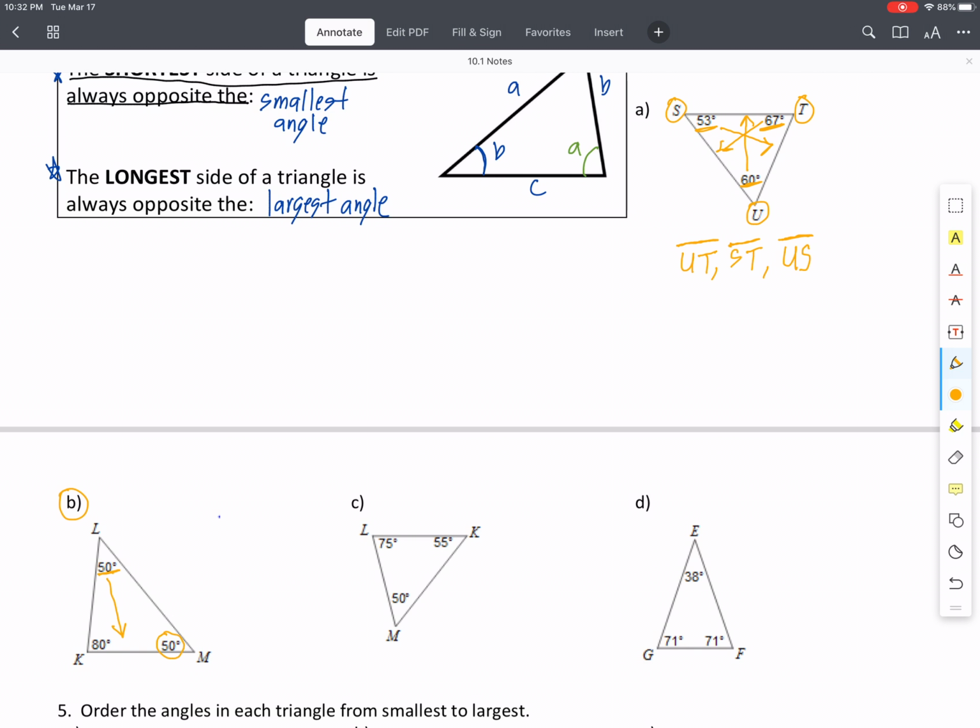And we got 50 right here, and that goes to that side. But those guys are equal. So how we would write this is we look at our two sides. So if we have KL is one of them, that's one side. And then our other one is going to be, let's say, KM.